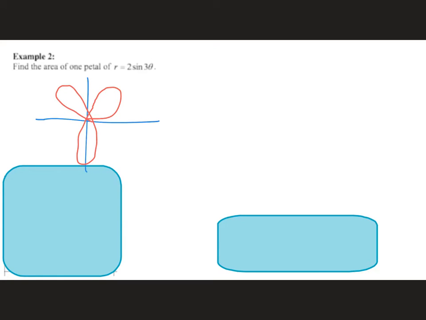You can also trace. What you're going to see has to do with this 3 idea: you're going to want one petal, and it's going to be 0 to pi over 3 for your bounds. Check that out on your calculator, see if that makes sense to you. And then it's going to be 1/2, and then the 2 sine 3 theta squared d theta.